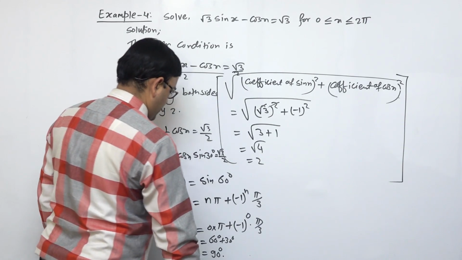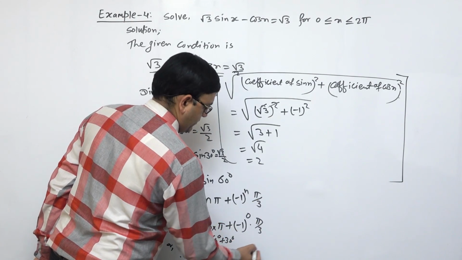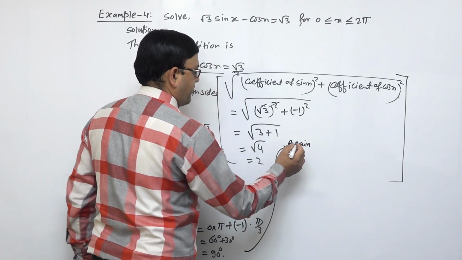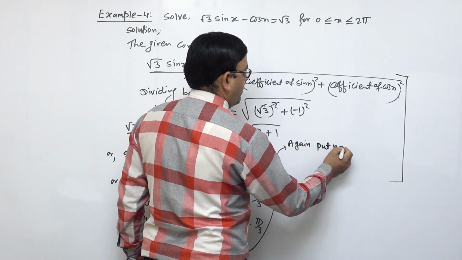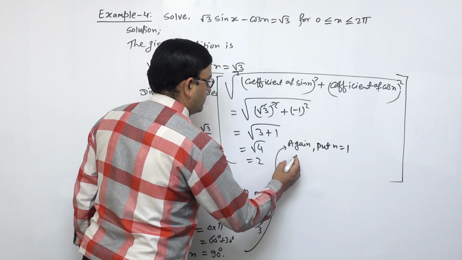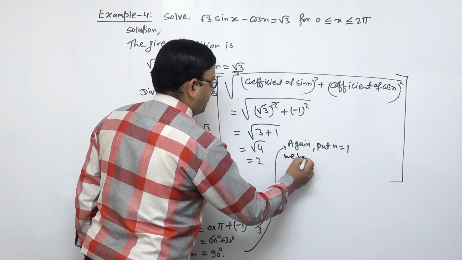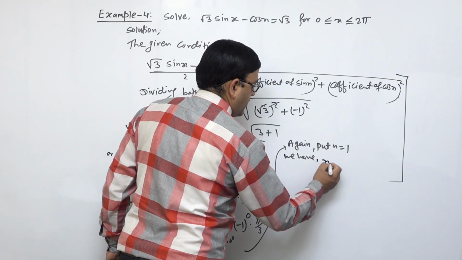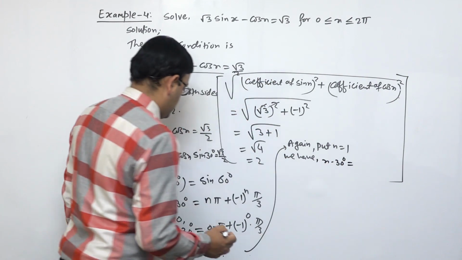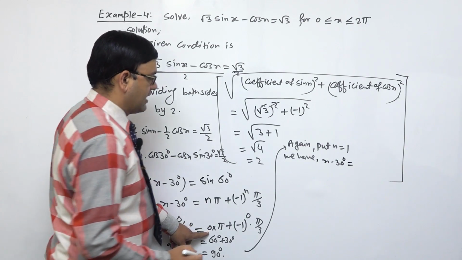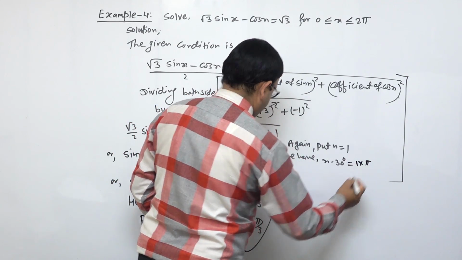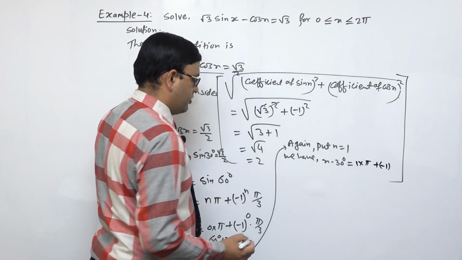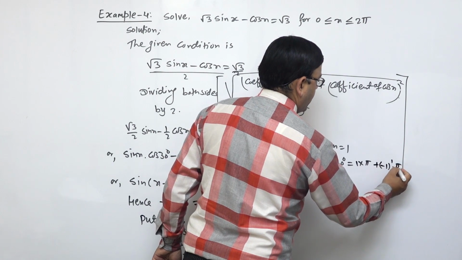Again put n is equal to 1. Then we have x minus 30 degree is equal to 1 times pi plus minus 1 to the power 1 times pi by 3.